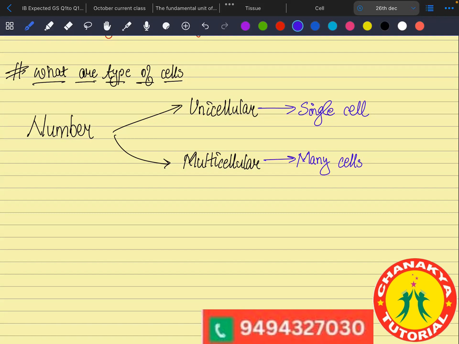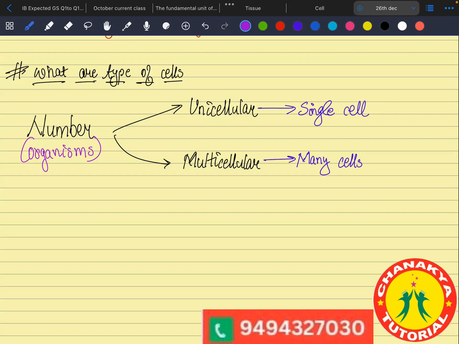Examples of single cell organisms. Right now we are talking about organisms.